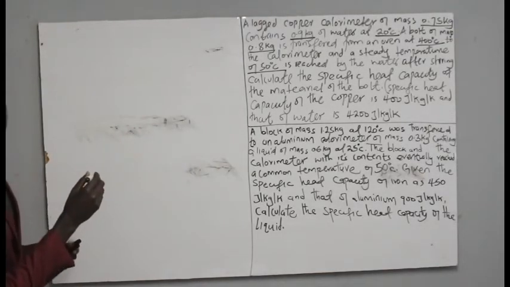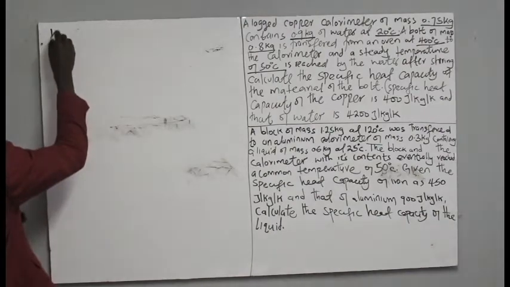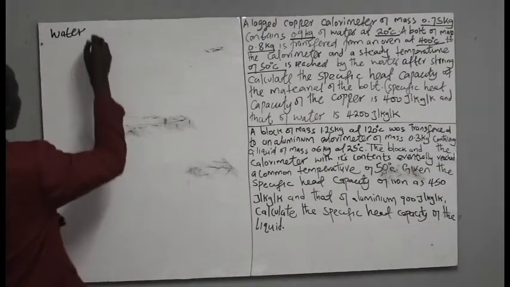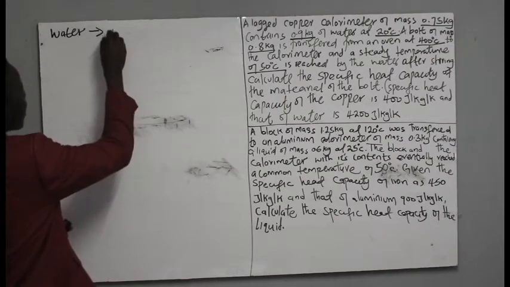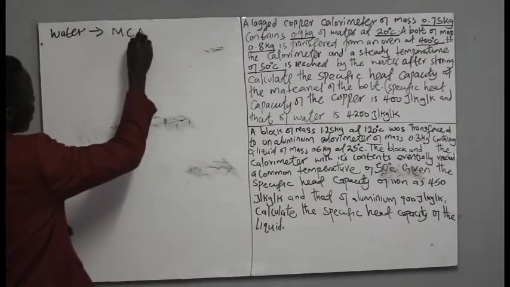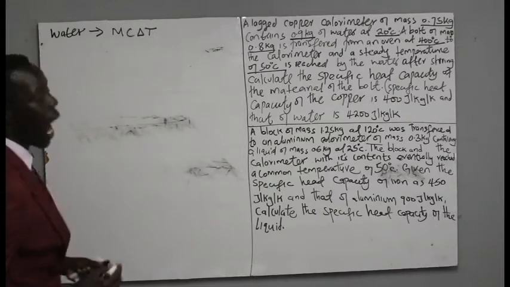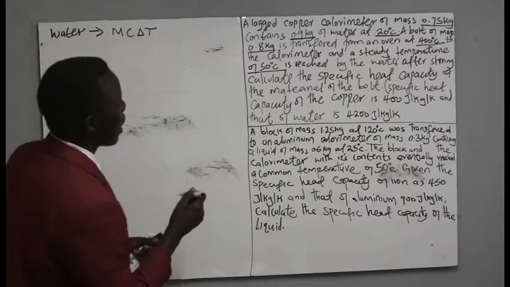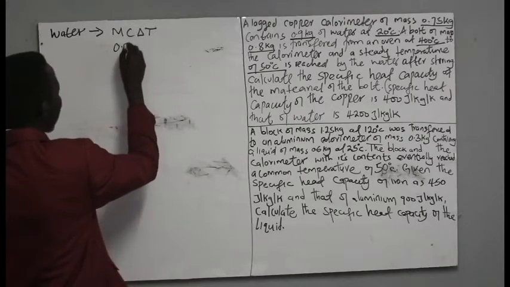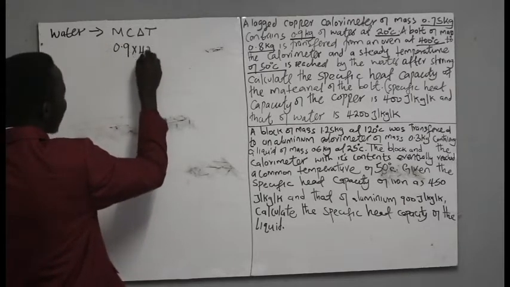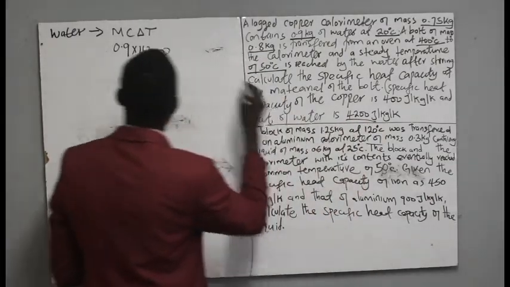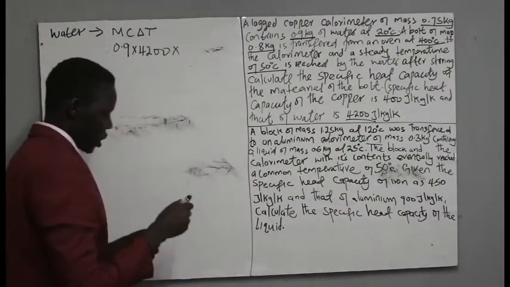Let me write here. Water is gaining heat. So the heat gained by water is mc change in temperature, or change in theta. The mass of water from the equation is 0.9, times 4200, the specific heat capacity of water, times the change in temperature.